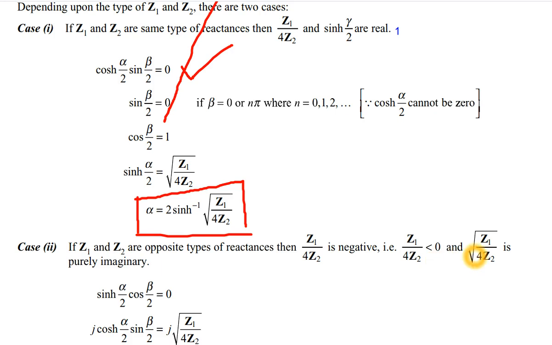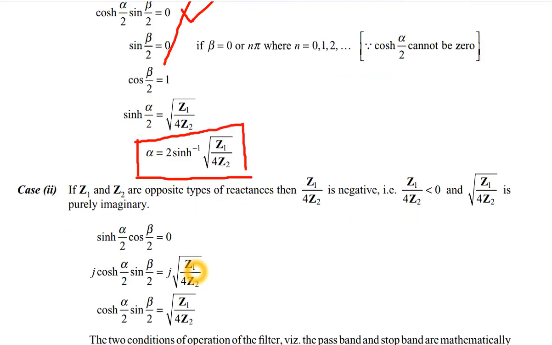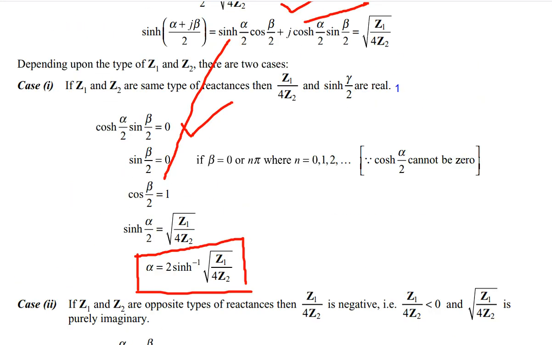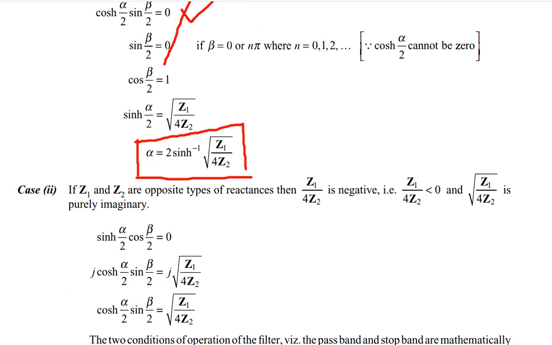Then the square root of Z1 by 4 Z2 will be purely imaginary, because the square root of minus 1 will be j. Accordingly you will get the imaginary part. So when you substitute these things, the real part will be equal to 0. That means sinh alpha by 2 cos beta by 2 is equal to 0, because there will be only an imaginary part.